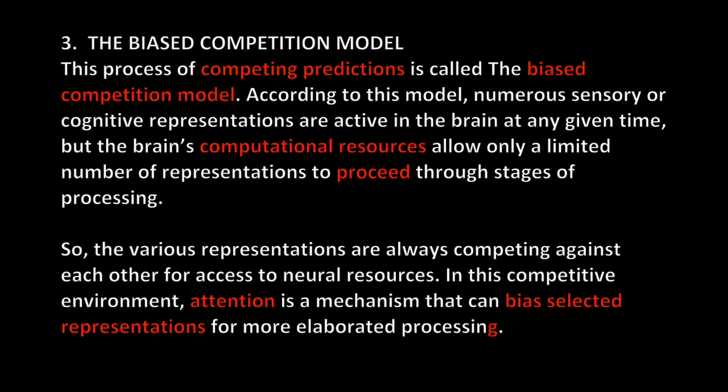There's more to this process later on. So the various representations are always competing against each other for access to neural resources. In this competitive environment, attention is a mechanism that can bias selected representations for more elaborate or further processing.